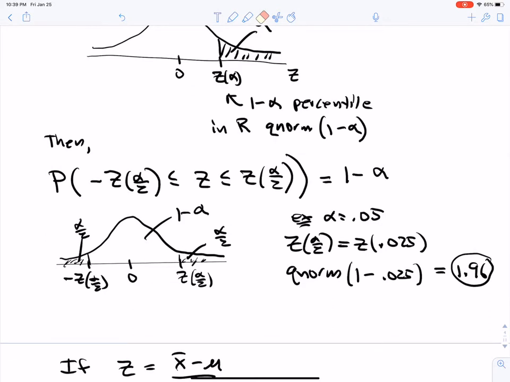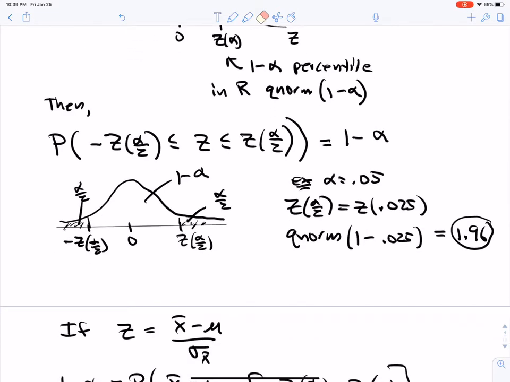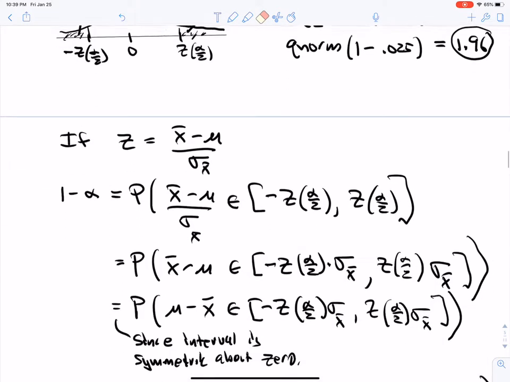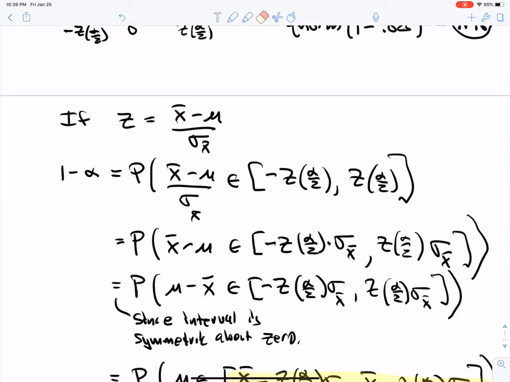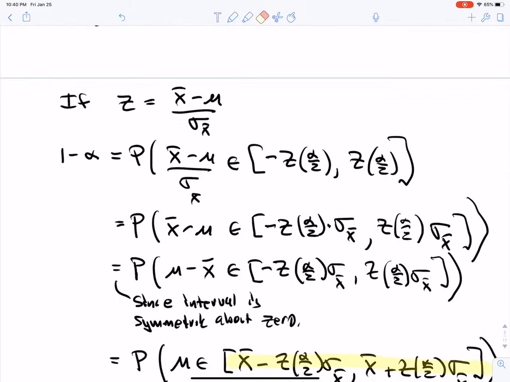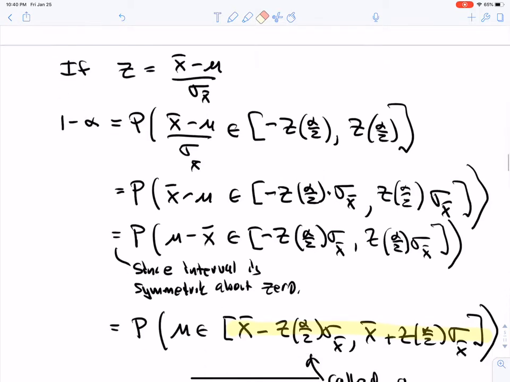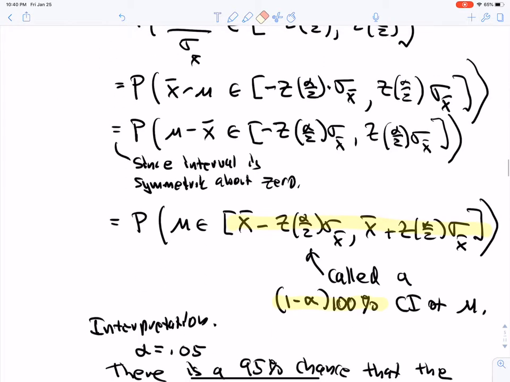For example, if alpha is 0.05, you can show that z alpha over 2 is 1.96 using the qnorm command. We then do some straightforward algebraic manipulations, and we get the 1 minus alpha times 100% confidence interval for mu given by this formula here.